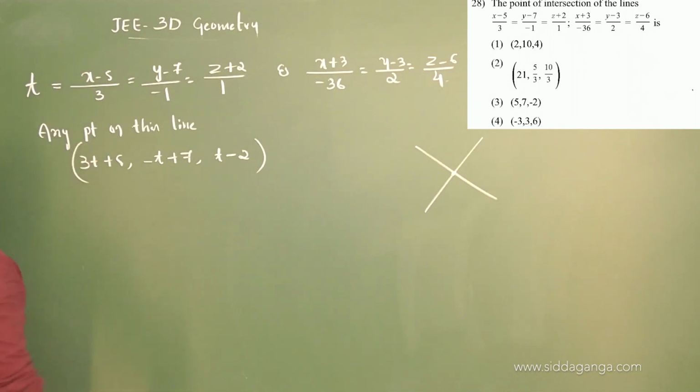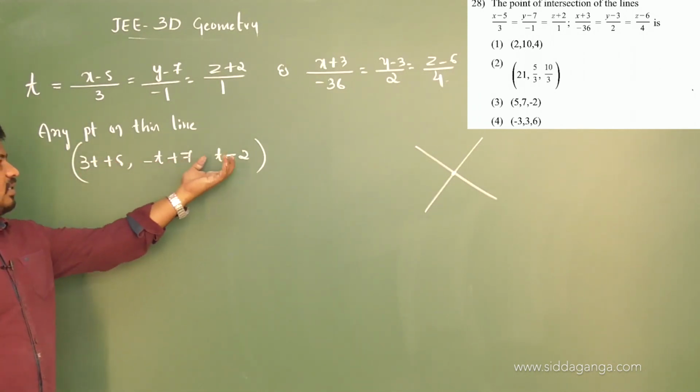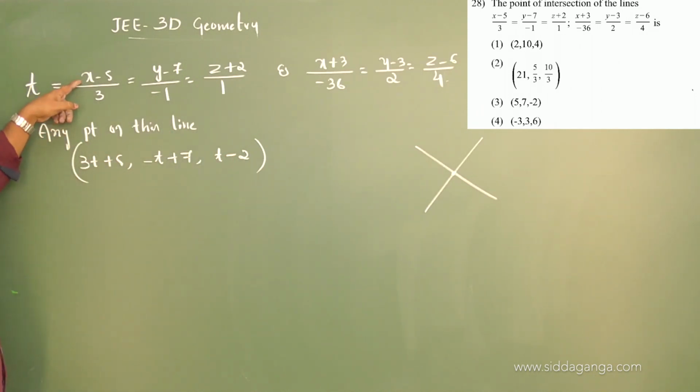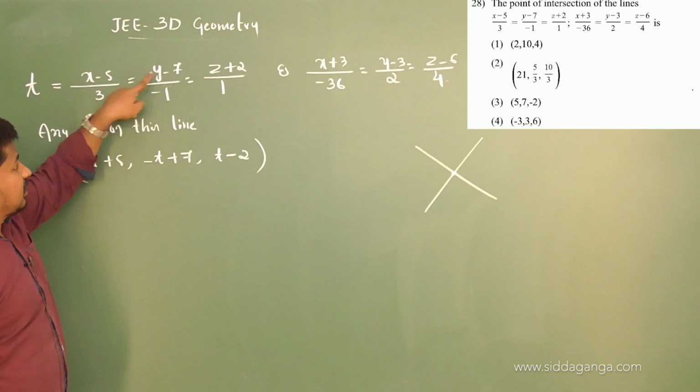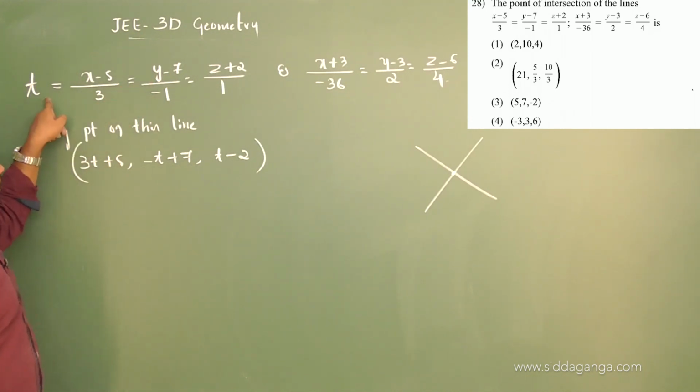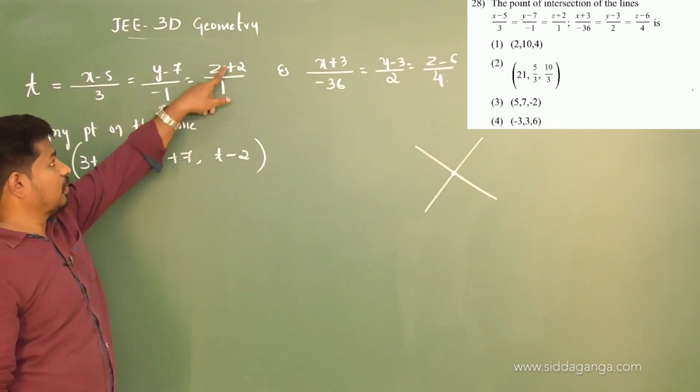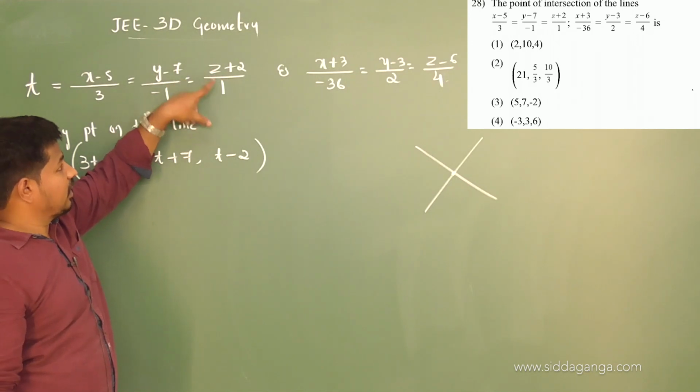This will be any point on this line, because when you substitute for x, y and z, it becomes equal to t. In place of x, 3t plus 5, the plus 5 minus 5 cancel, giving 3t by 3, that is t. In place of y, minus t plus 7, the plus 7 minus 7 cancel, so minus t by minus 1, that is t. In place of z, t minus 2, so plus 2 minus 2 cancel, and you get t by 1, that is t.